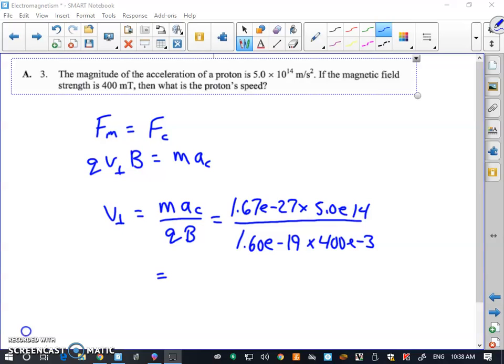Okay, and the calculation, gentlemen. All right. I get 1.3 times 10 to the 7, it looks like. 367.